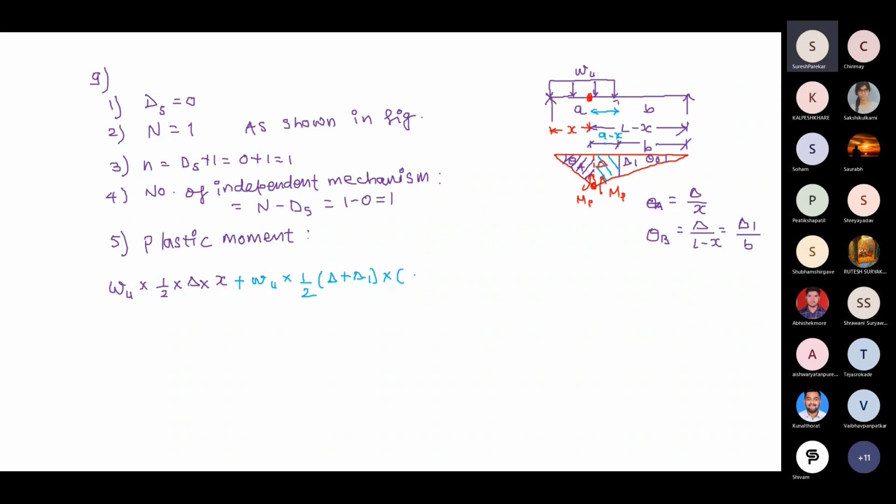So into A minus x, equal to MP theta A plus MP theta B.